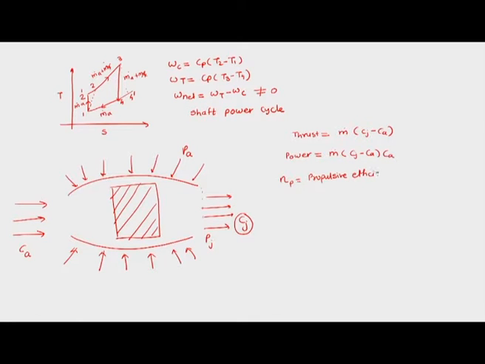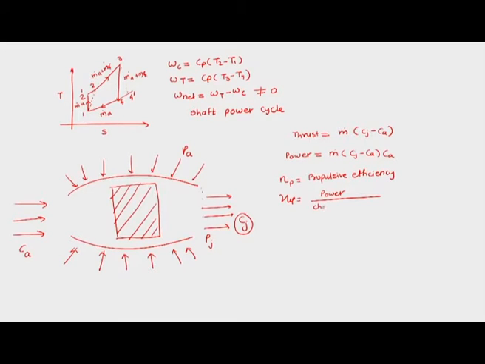Propulsive efficiency is thrust power divided by input energy. So what is the input energy in this case? Input energy is the change in kinetic energy between outlet and inlet.